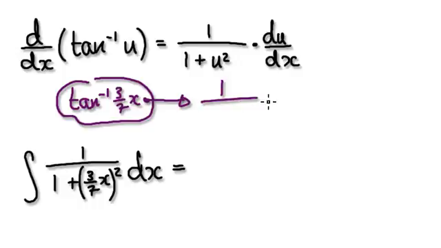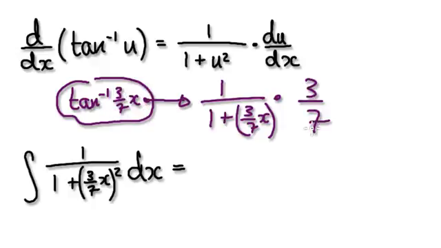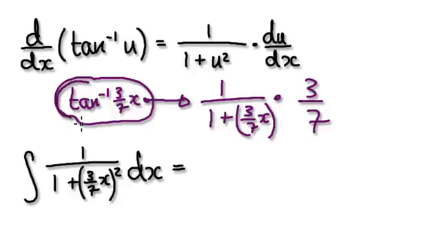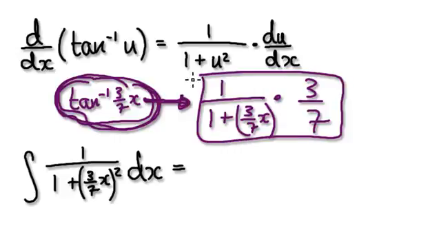It will give you 1 over 1 plus this thing, 3 over 7x squared. But then don't forget we have to times with the derivative of the bubble itself, which is 3 over 7. So if you're trying to integrate this here, your initial guess would be this. But when you make this your initial guess and you differentiate it, it will give you this whole thing here.